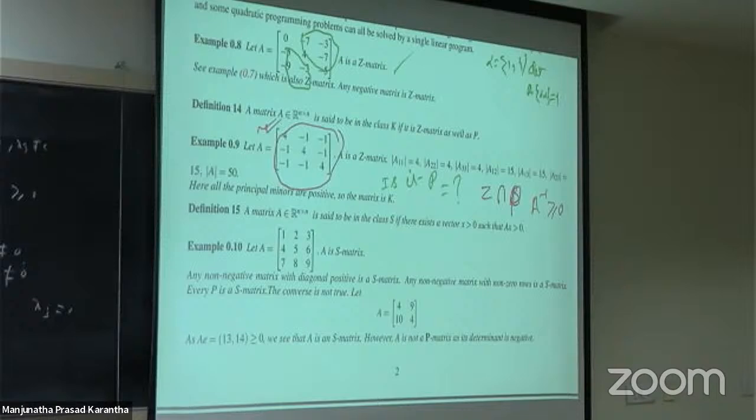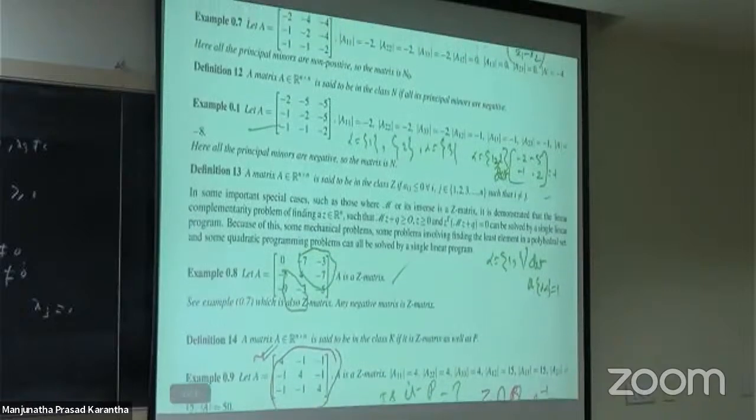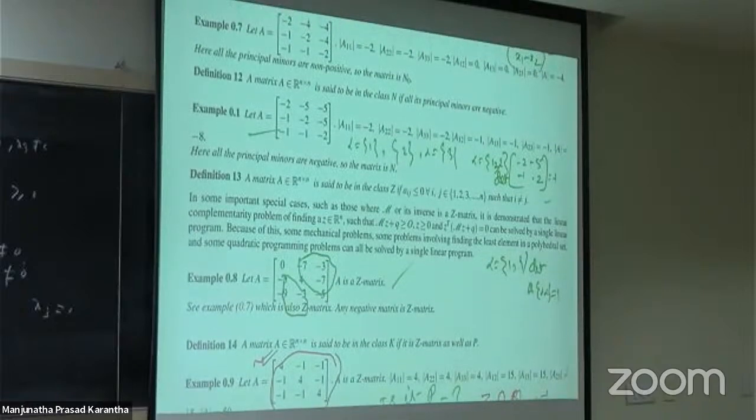See, if you take a Z intersection P matrix, its inverse is non-negative, and if I take the inverse of that non-negative matrix, I will get back the same Z intersection P.